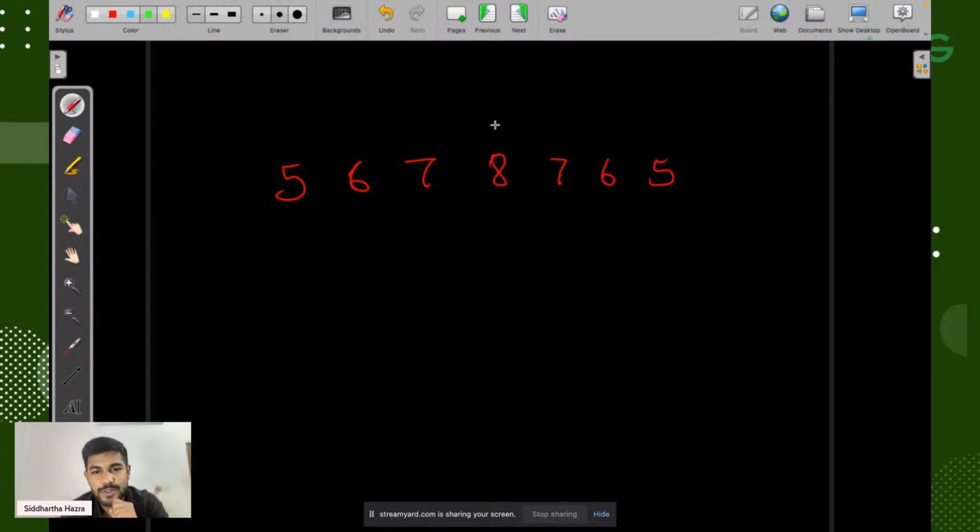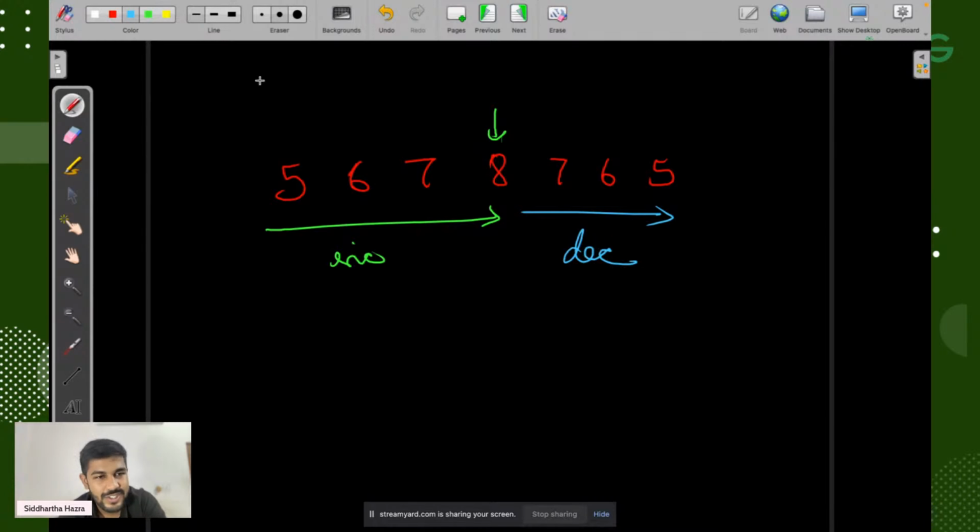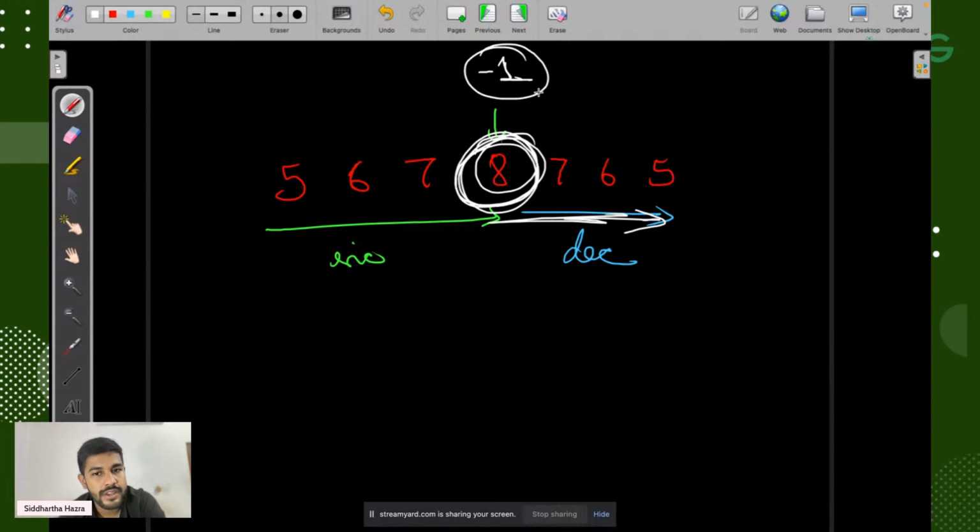Suppose we took 8. This part is increasing and this part is decreasing. As you can see, this point 8 is being repeated again, so we need to subtract 1 from it.